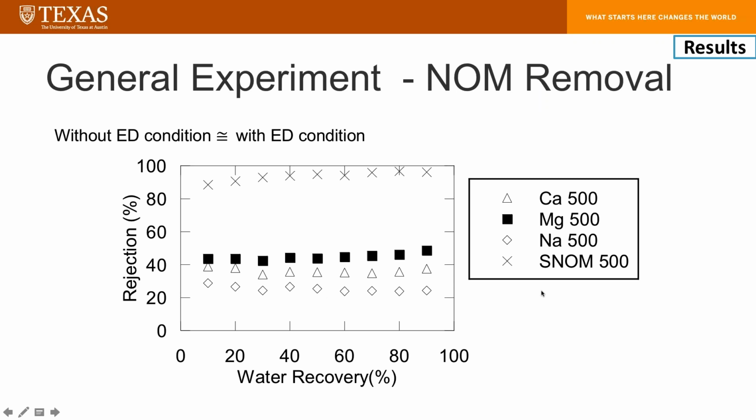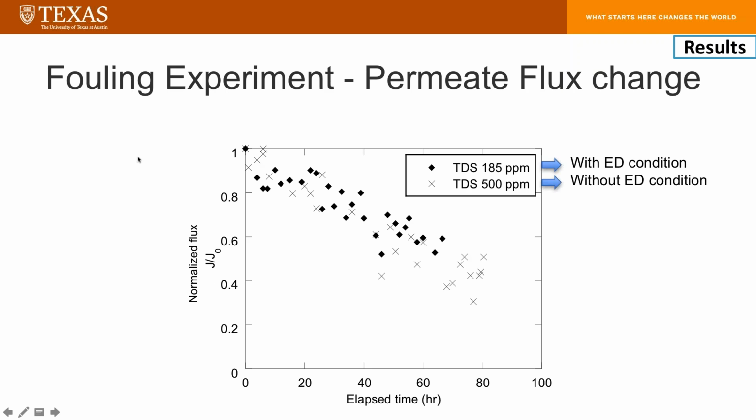For the general experiment, the without ED condition and with ED condition show pretty much similar results. In both of them, I can achieve more than 90% removal of the NOM in the system. For the fouling experiment, this is the permeate flux change along time.